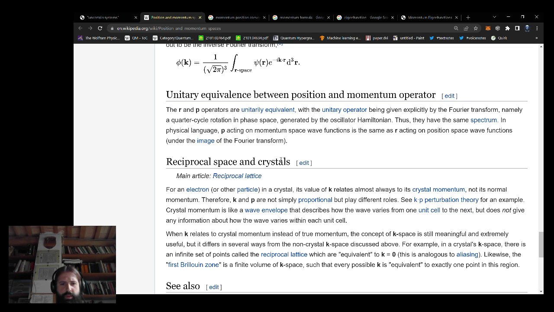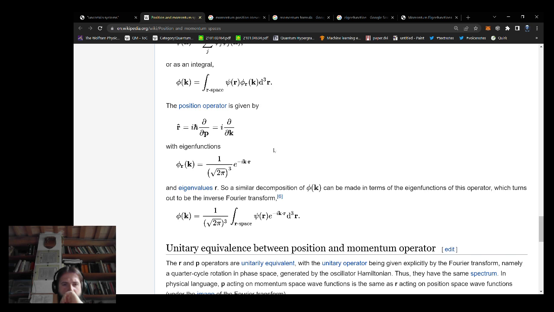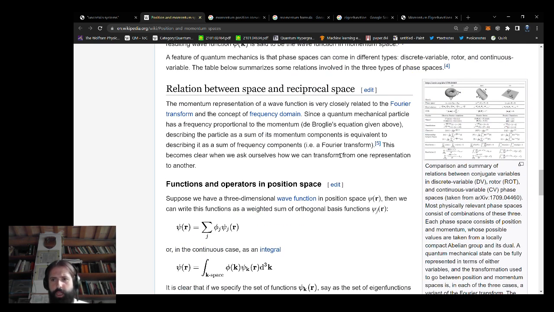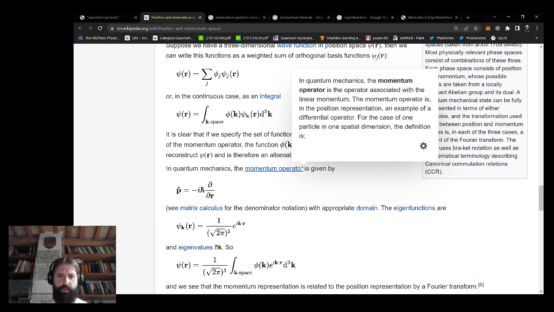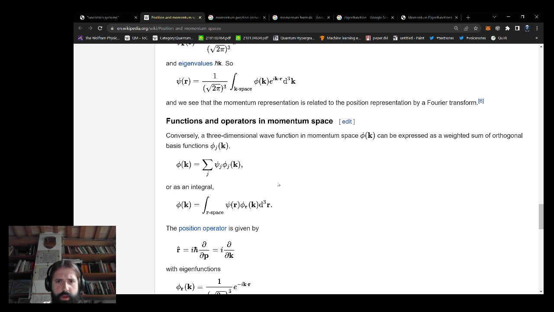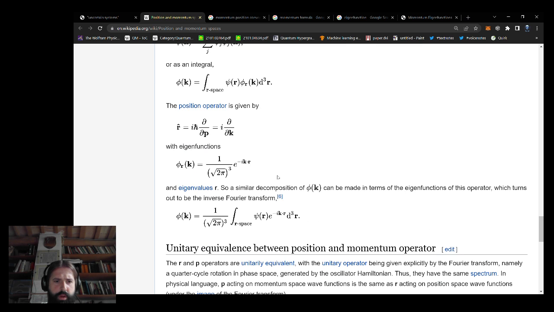Am I looking at the opposite transformation? I think so. Yeah, that's what I want. I think that's definitely what I want. Yeah. Okay.